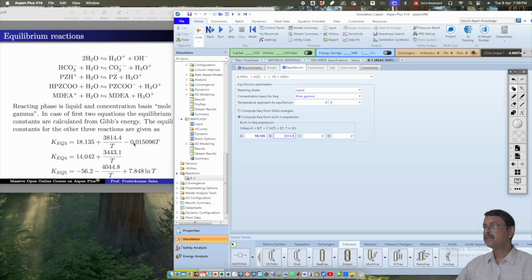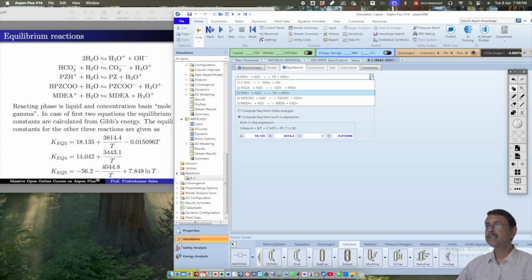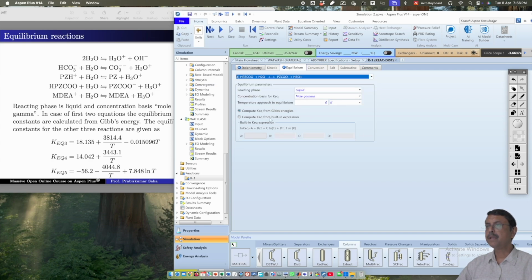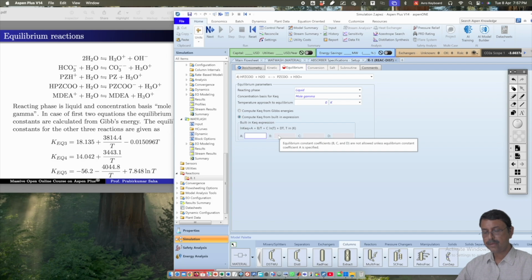D is this one, so this is minus 0.015096. That is for the third equation. The fourth equation will be 14.042.